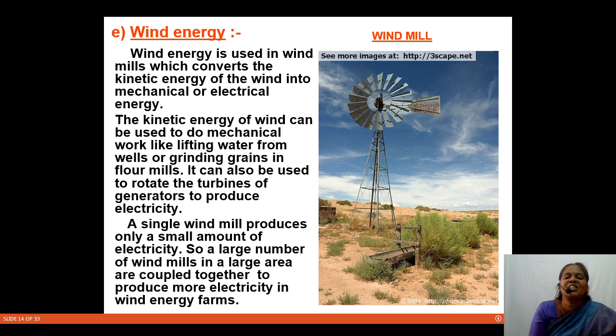Is it clear, children? One windmill will produce very little electrical energy, not sufficient to operate any work at home. So we need more electrical energy, so we have to construct wind farms, a cluster of windmills.